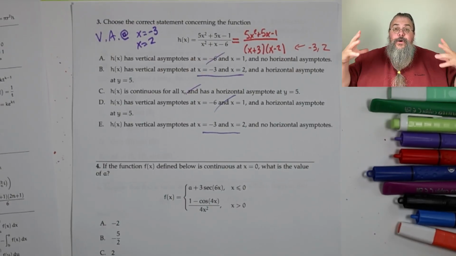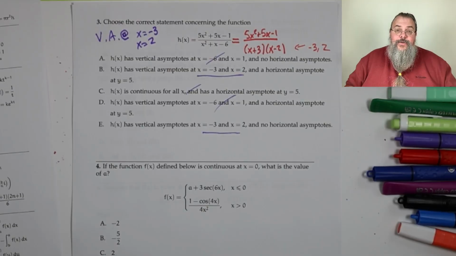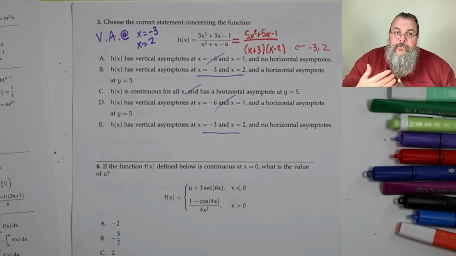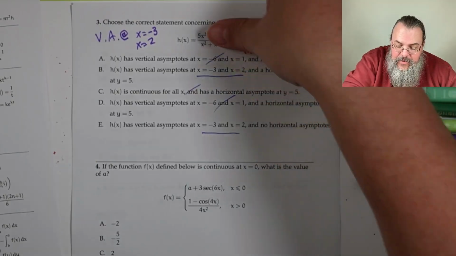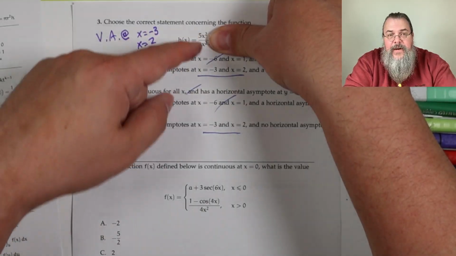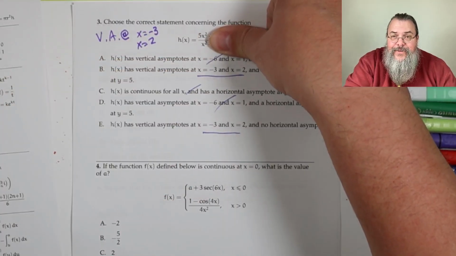I ask what's driving the growth. In polynomials, it's the highest term, the highest power. So for very large values of x, it's like you're covering up those smaller pieces. And we say it's behaving like 5x squared upstairs and x squared downstairs.